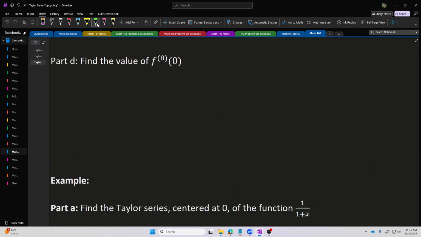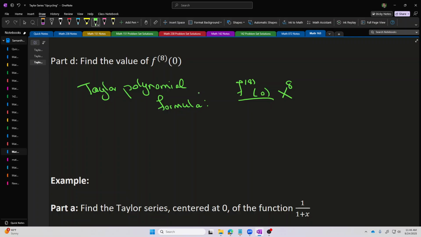The Taylor polynomial formula from the first day of class says that the coefficient of x to the 8 should be the 8th derivative evaluated at 0 divided by 8 factorial.